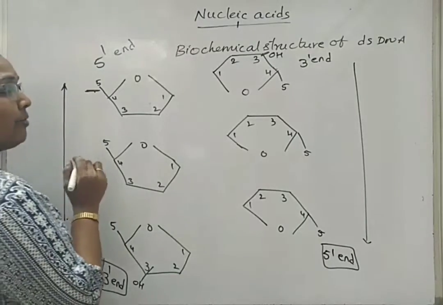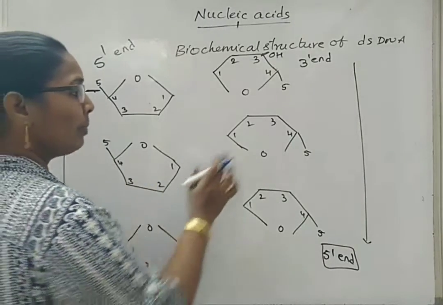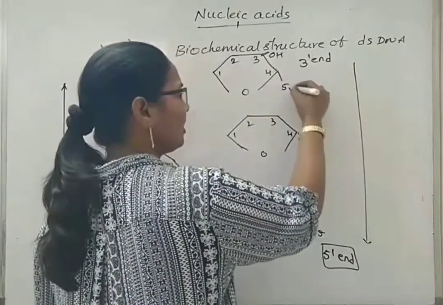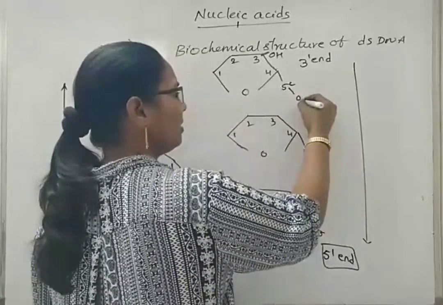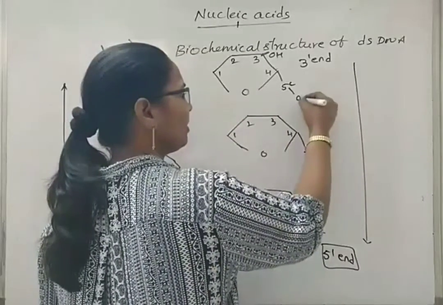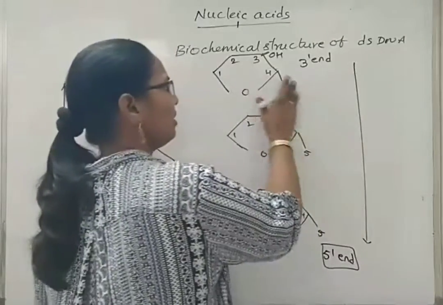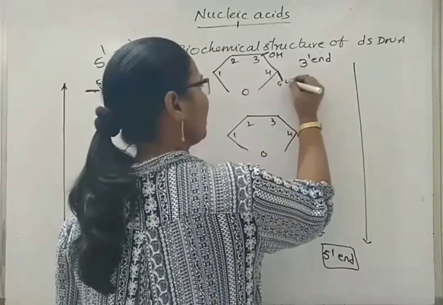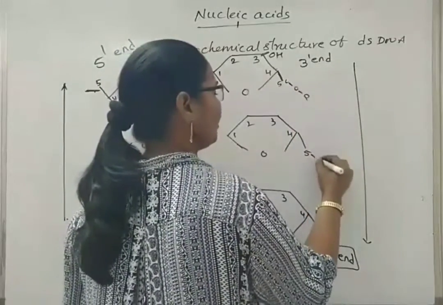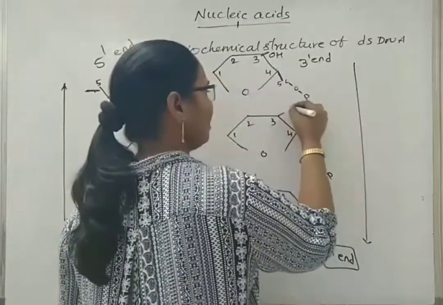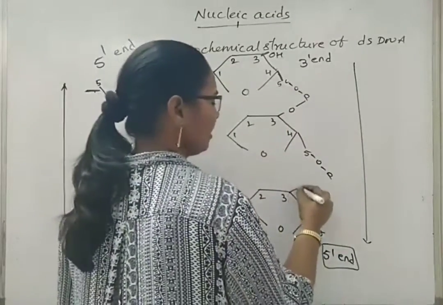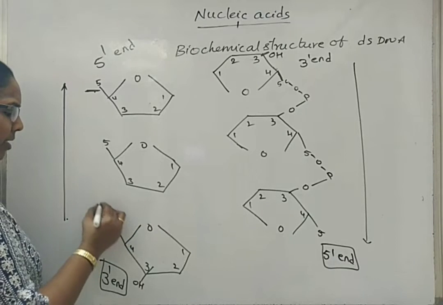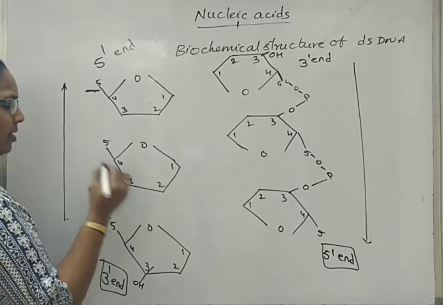So if we combine the phosphate molecules, because nucleotides must have pentose sugar and phosphates. Phosphates will be with the fifth carbon: fifth carbon, oxygen, phosphate. This is bonded with phosphate like this. Third carbon, which has an OH group. Here also we can write fifth carbon, O, phosphate, oxygen like this.